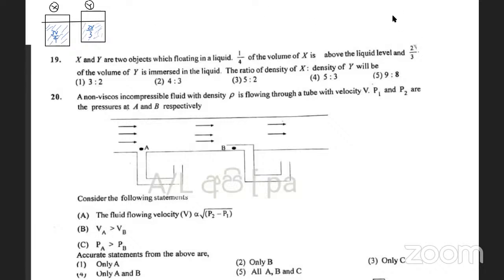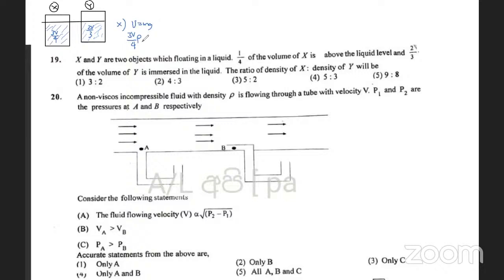The liquid densities, right? So for X, if I write the equation for X, we know upthrust has to be equal to mg. Have they given the masses of the objects, people? Are they equal in mass? How did you take their masses equal? No need, right? So for upthrust, you have to put the submerged volume, that is 3V over 4 into density of the liquid, that is rho, floating in a liquid.